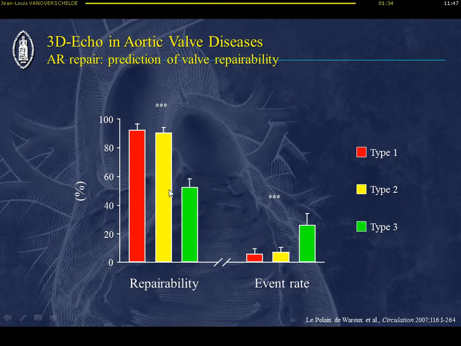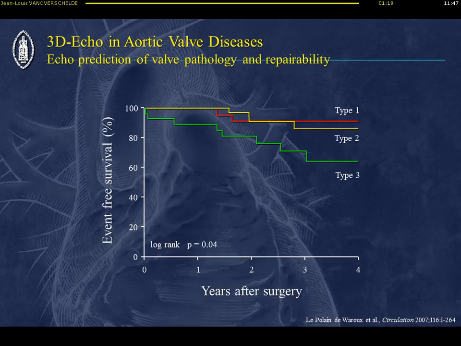About half of the type 3s can be repaired with a lot of recurrence in the follow-up, so probably some of them are repairable, but most of them shouldn't be at least attempted, and aortic valve replacement is probably better in these patients. And this is the long-term results in the type 1, type 2, and type 3 echocardiographic valve dysfunction by echocardiography.